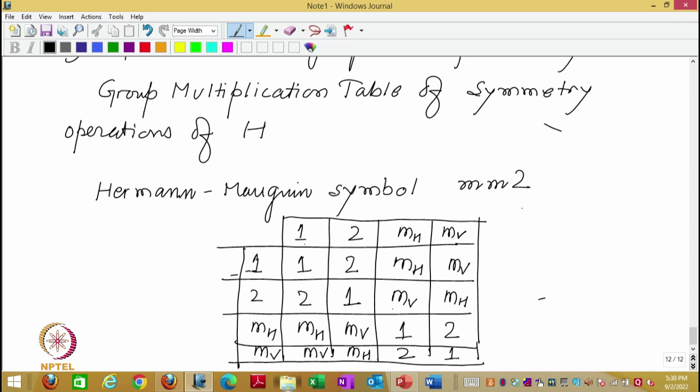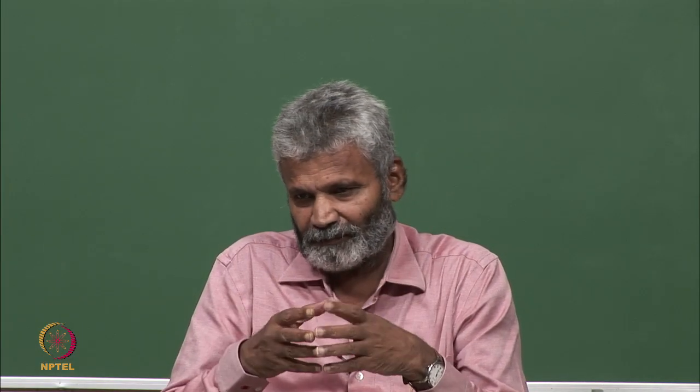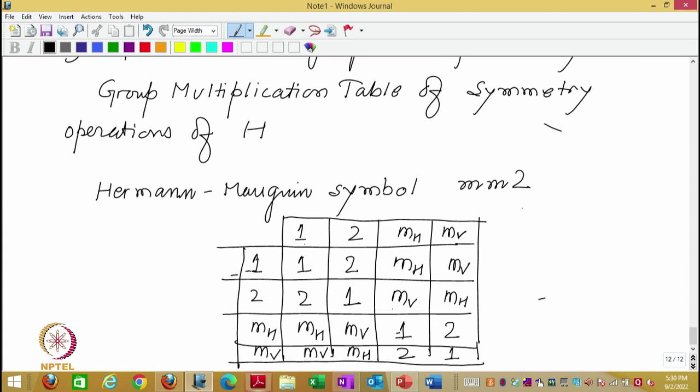So, that is the identity. Similarly, column of 1 is leaving everything unchanged. So, identity is there. Then we are seeing that in every row 1 appears once, and that is the inverse of that particular element. So, every element has an inverse. This kind of group multiplication table shows you the group structure clearly, and ensures you that the object is a group and that the closure property is satisfied.